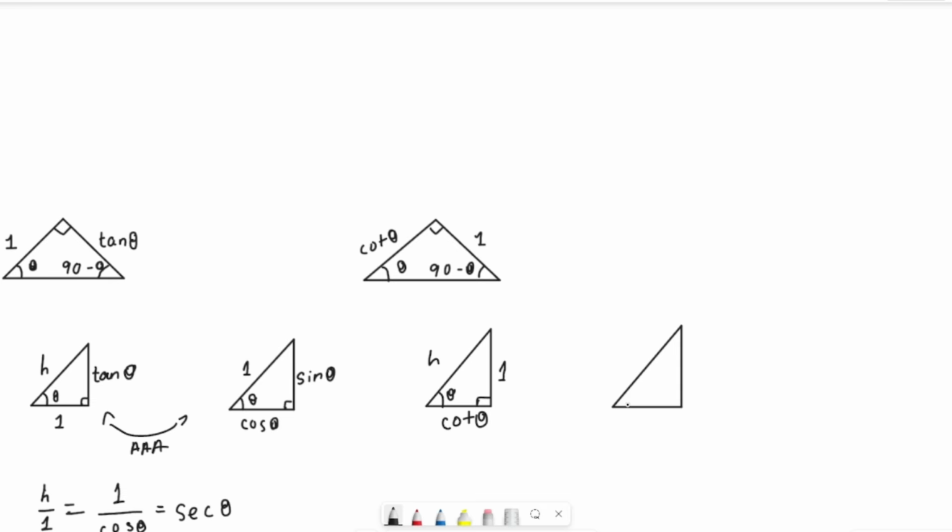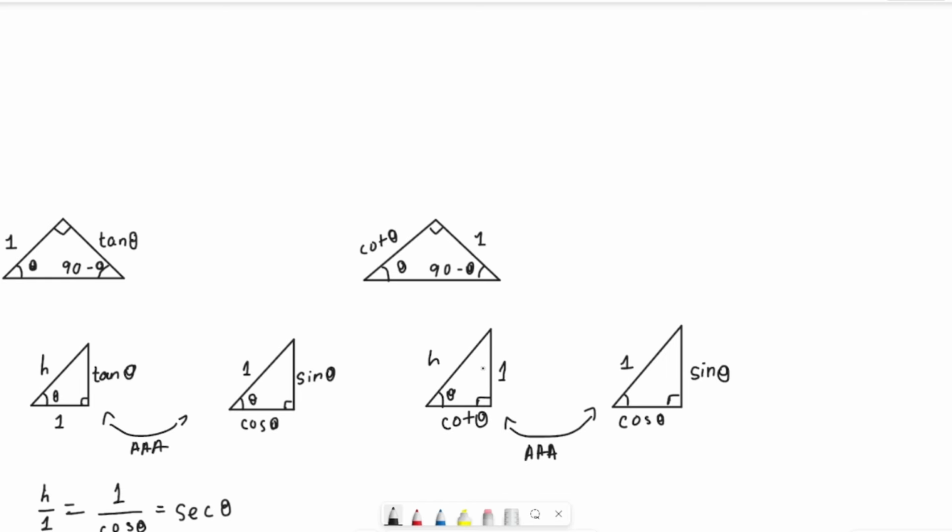And for the last time, I'll use the triangle we made in the beginning, which had the base as cosine of theta, the opposite as sine of theta, and the hypotenuse as 1. And again, I'll notice that these are similar by the identity AAA, angle, angle, angle.